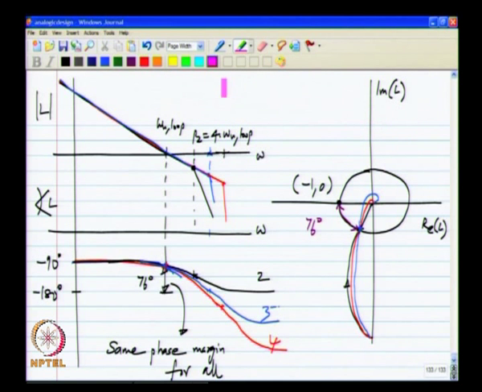The reason I am mentioning this is it is always possible to make a weird system with poles and zeros such that it has a 76 degree phase margin, and after it goes inside it can come back towards -1 and then go to 0. It is possible to come up with systems like that, and if you do that it will be unstable even if the phase margin is 76 degrees.